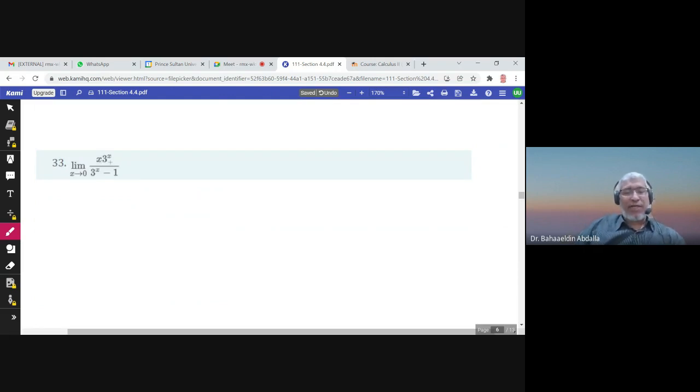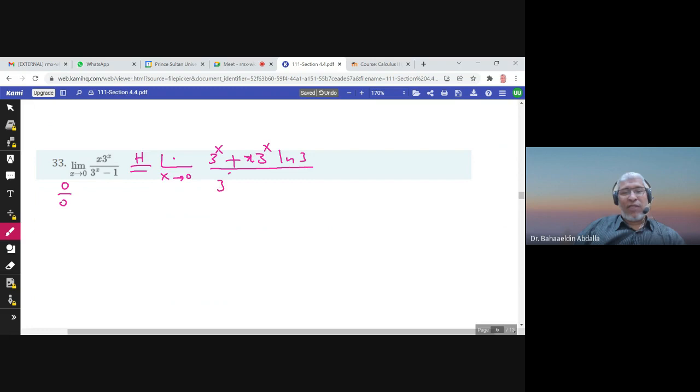This is a product x times 3 to the power x, 0, and 3 to the power 0 is 1 minus 1, 0 over 0. Use L'Hopital's. Derivative of product rule. Derivative of x is 1 times 3 to the power x. x times the derivative of 3 to the power x, which is 3 to the power x times ln 3.